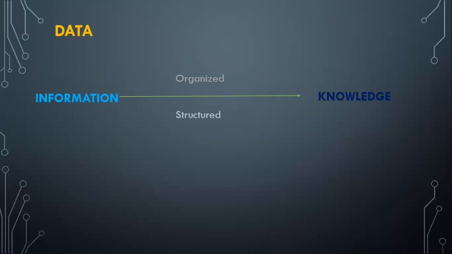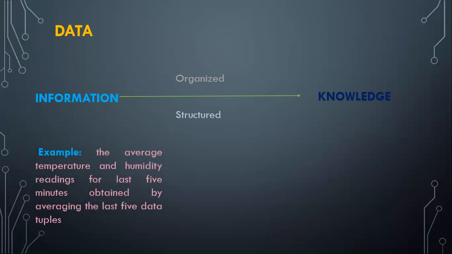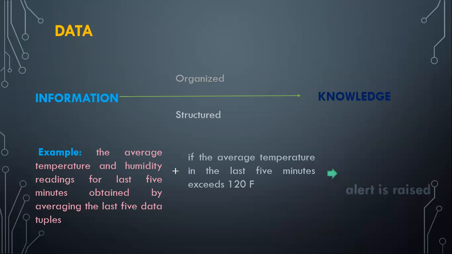Continuing the above example, the average temperature and humidity readings for the last 5 minutes are obtained by averaging the last 5 data tuples. If the average temperature in the last 5 minutes exceeds 120 Fahrenheit, an alert is raised based on the user's geographical position.